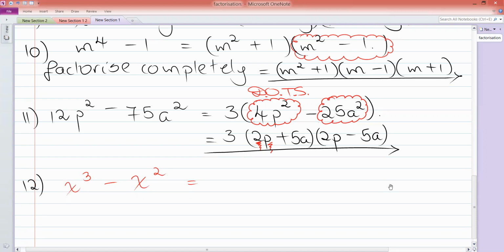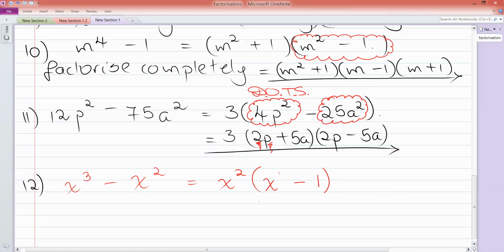Let's look at the first term, then look at the second term. Is there a variable that's common in the first term that's also there in the second term? x squared. So if I take out x squared, then I'll be left with x to the power of 1. You can just leave it as x, and x minus 1.